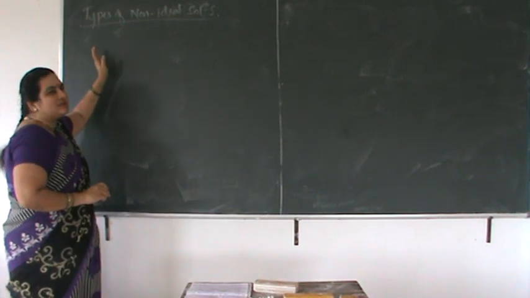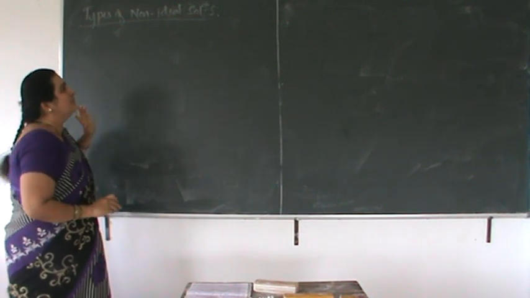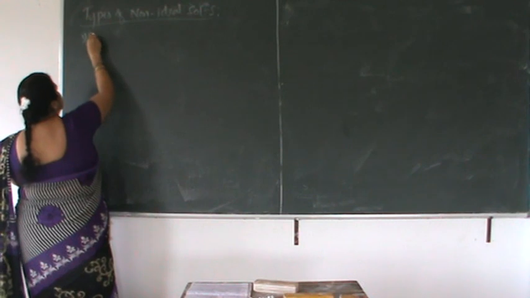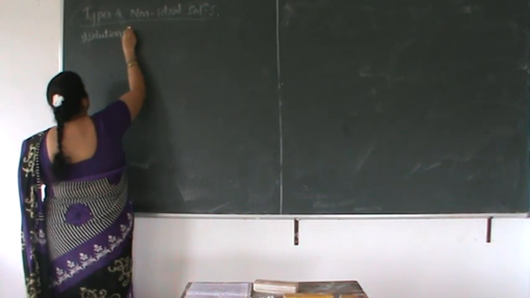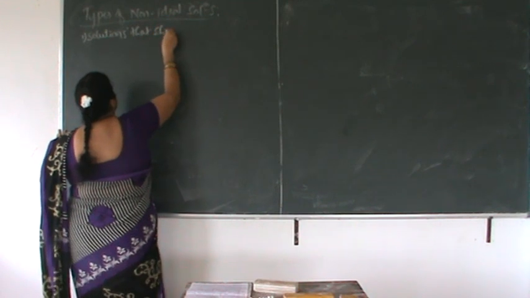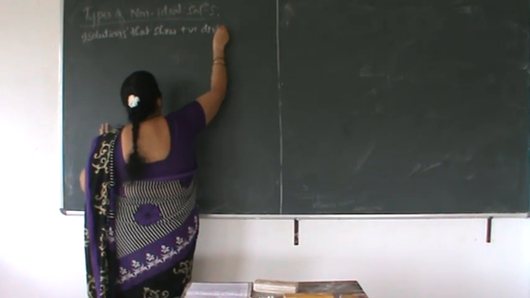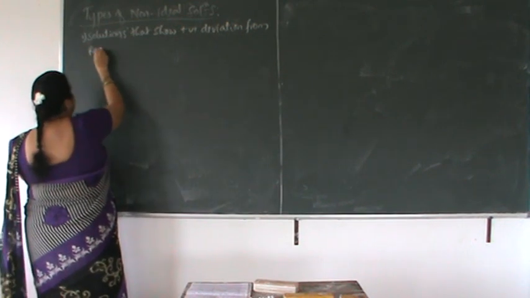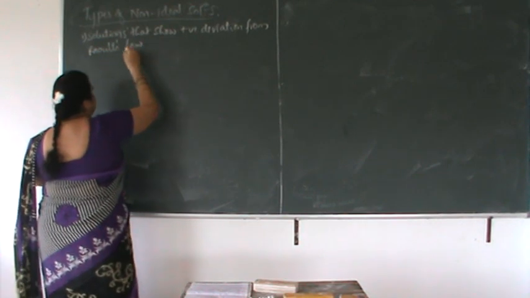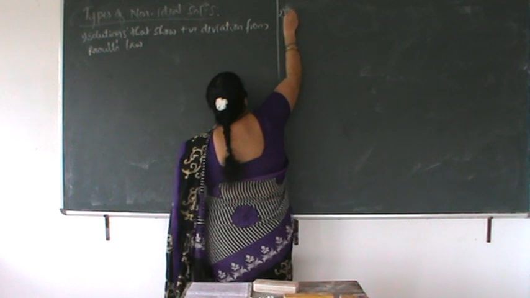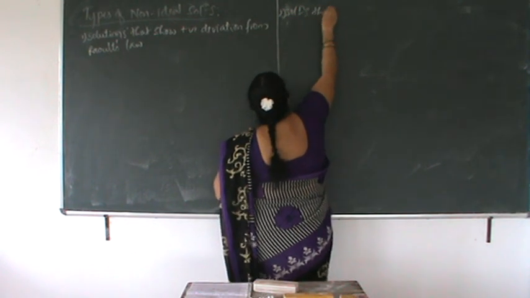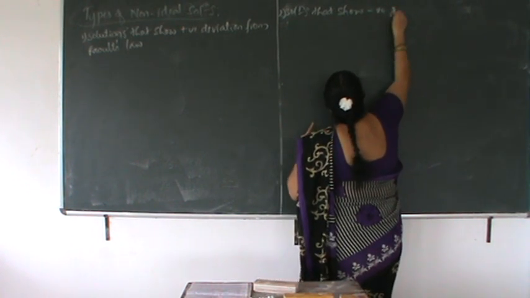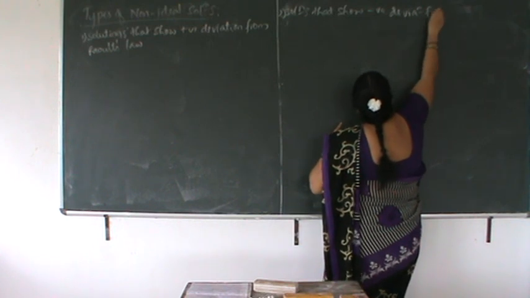Now, in this class, we will discuss the types of non-ideal solutions. Non-ideal solutions are classified into solutions that show positive deviation from Raoult's law, and another type, solutions that show negative deviation from Raoult's law.